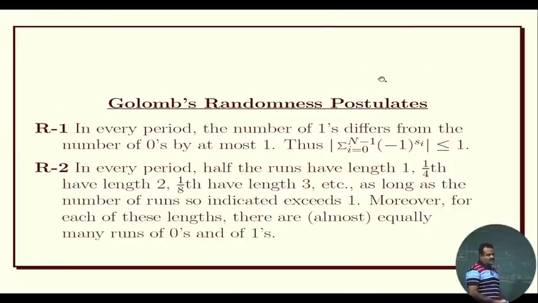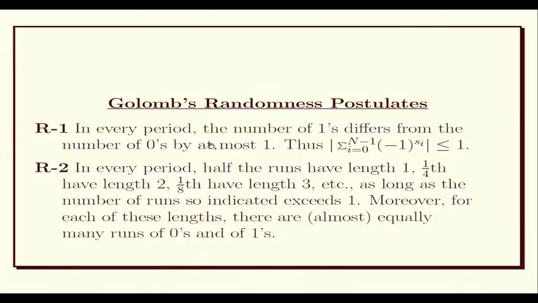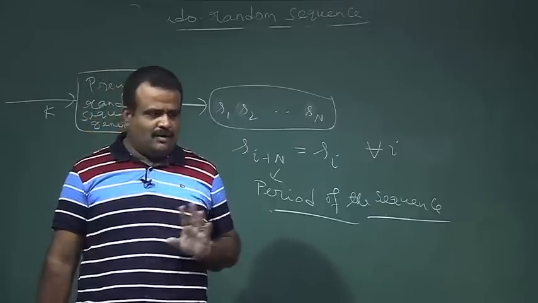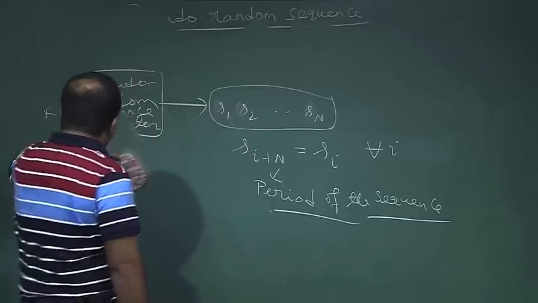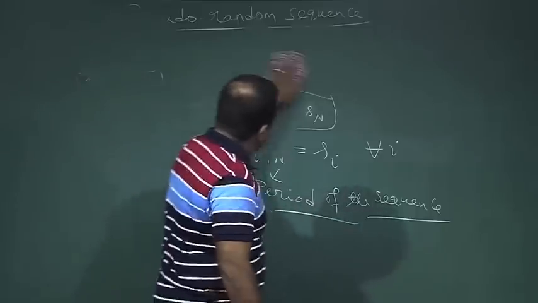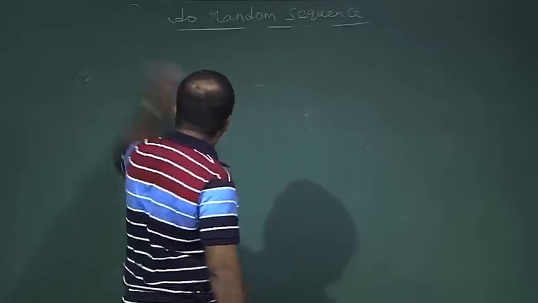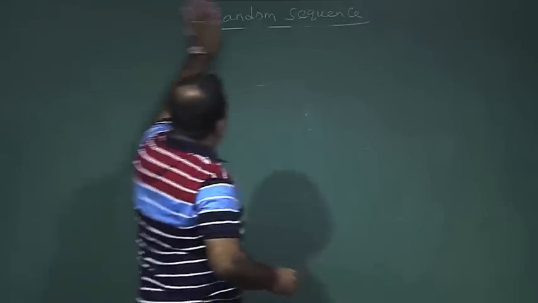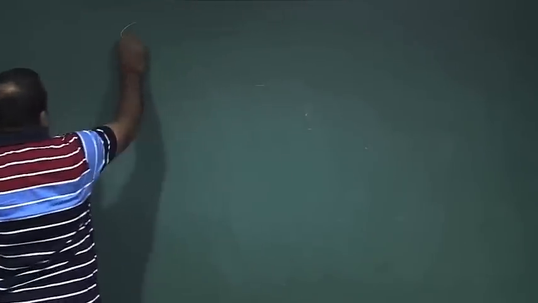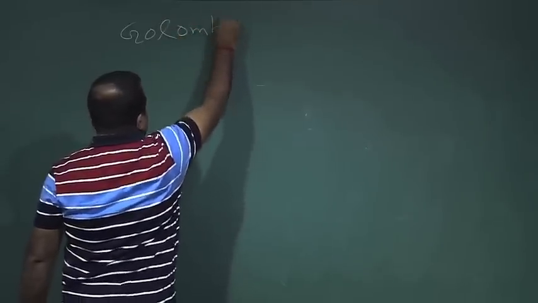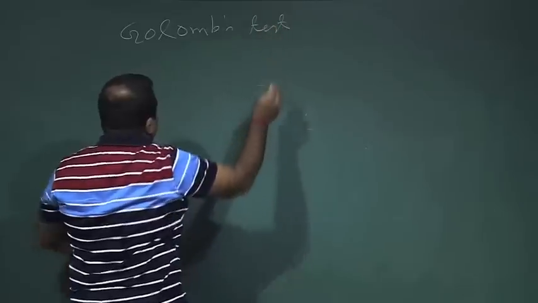The first one says that in every period we have the same number of ones and zeros, or they differ by only 1. These tests are Golomb's randomness tests.